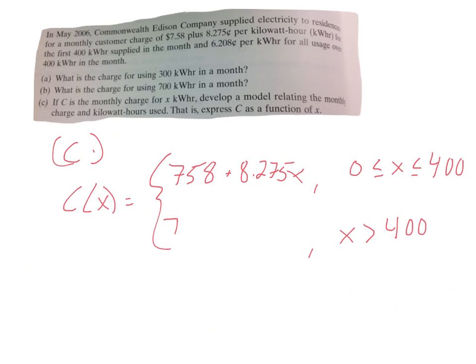And now for the second piece, I have 758 plus 8.275 times what? Times the whole 400, right? Yeah. Plus, this is the tricky part, 6.208 times what?